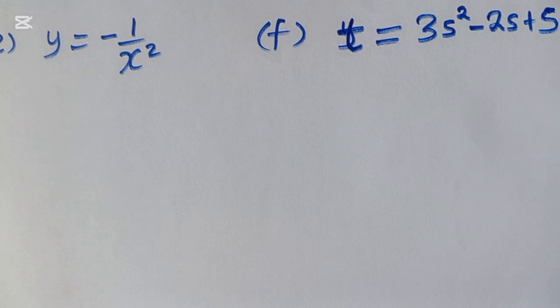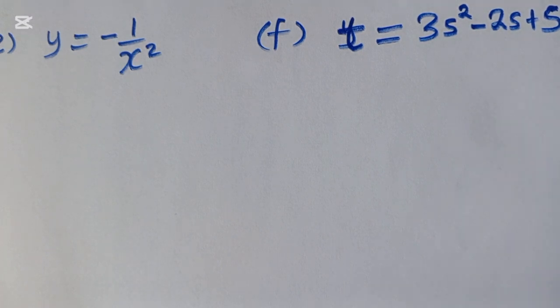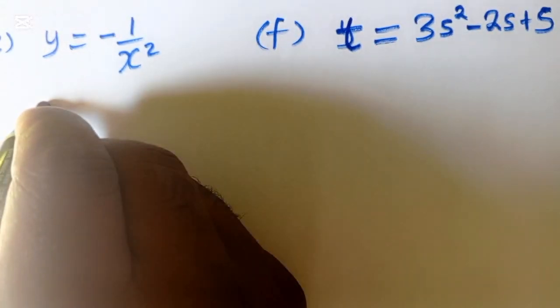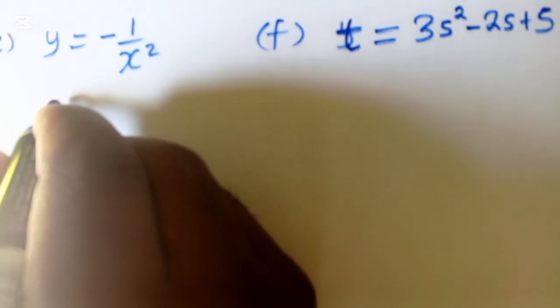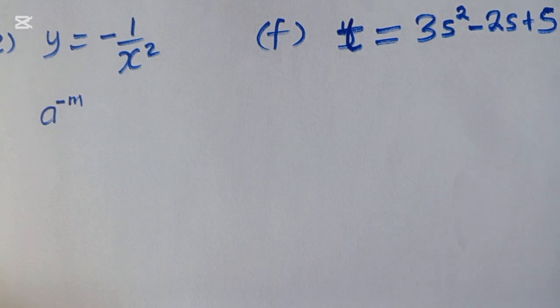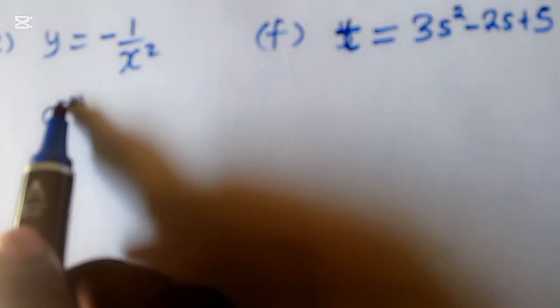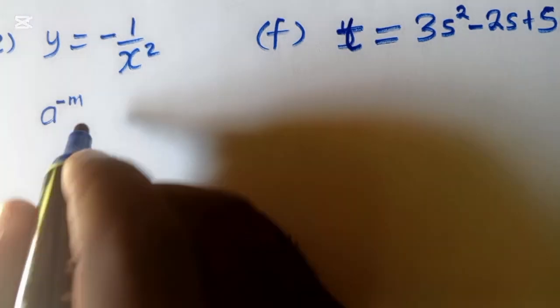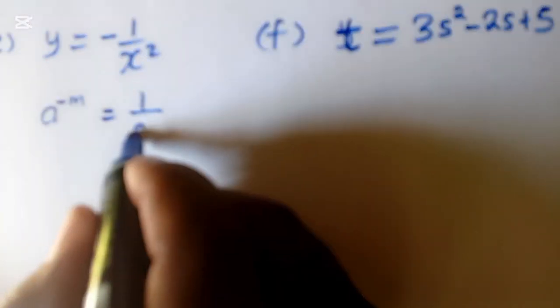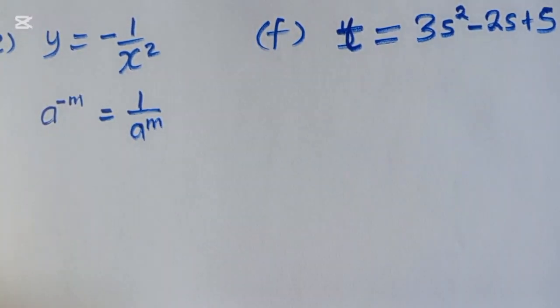Next, y is equal to negative 1 over x to the power 2. We are differentiating with respect to x. Now I want you to get this point. When you have a to the power negative m, according to indices, we change the negative to positive by saying 1 over a to the power m.